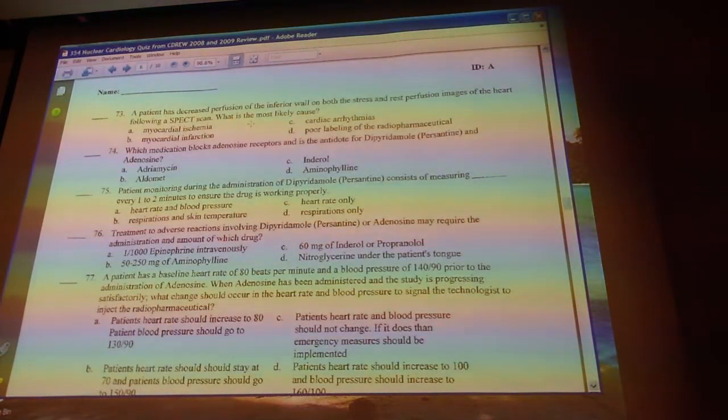Now, I'm going to give you a picture that shows maybe decreased flow on the stress and normal flow on the rest. So you're not only going to have to tell me what the diagnosis is, but you're going to have to tell me what part of the heart is being affected. So is it the septum? Is it the anterior wall? Is it the lateral wall? Okay. Sound like fun?